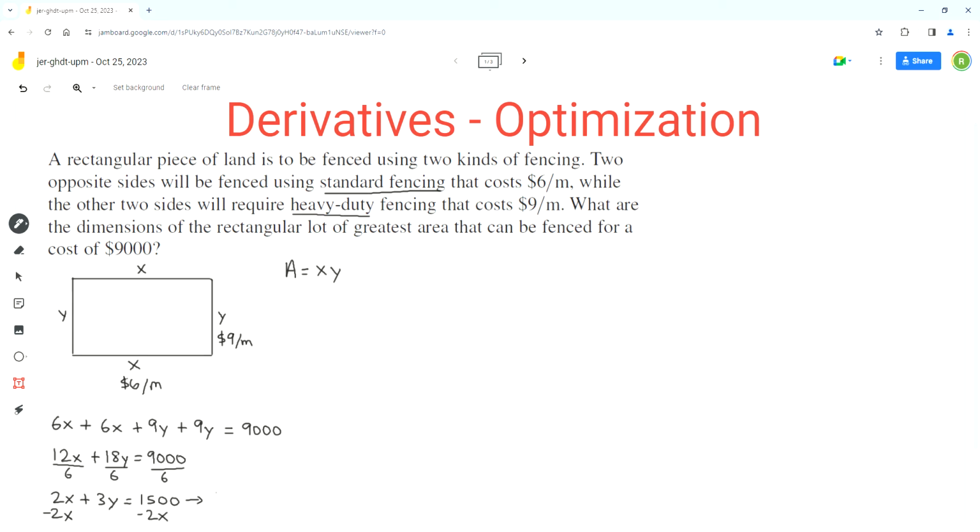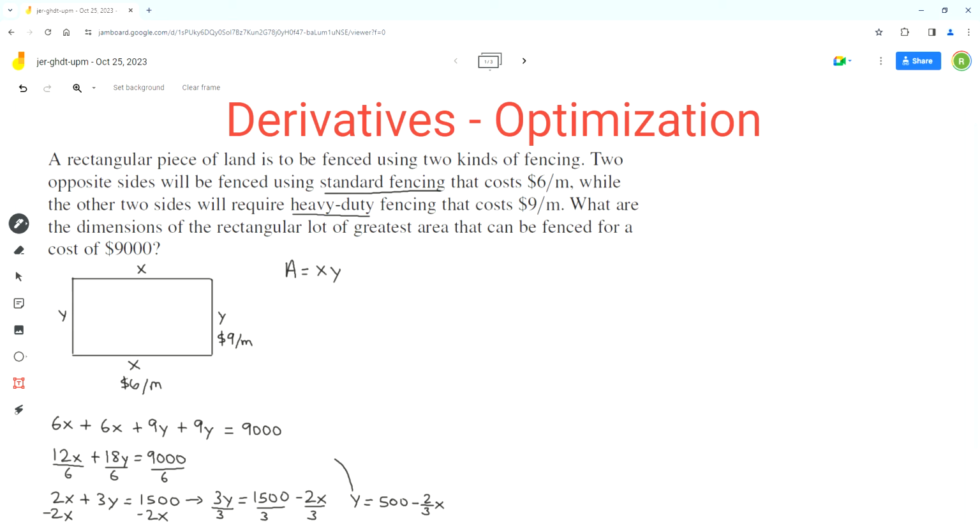So we get 3y equals 1500 minus 2x, and now we can divide each term by 3, and that gives us y equals 500 minus 2 over 3 x.